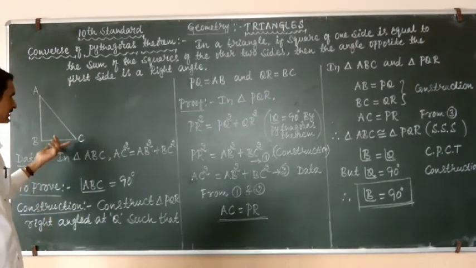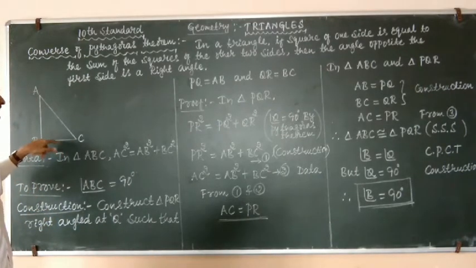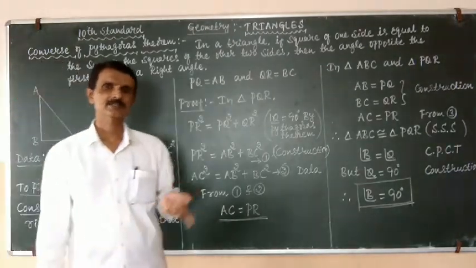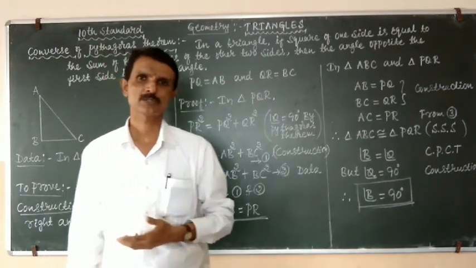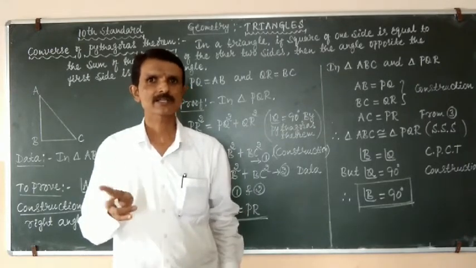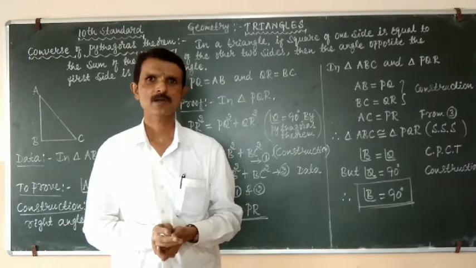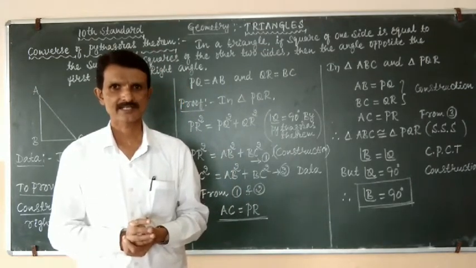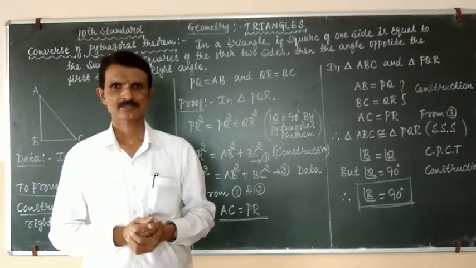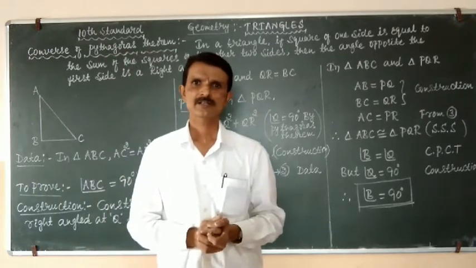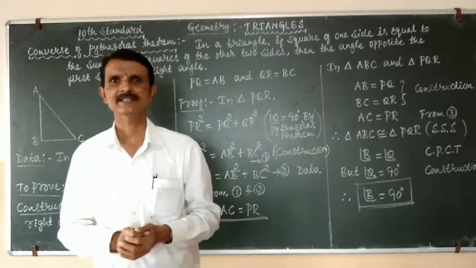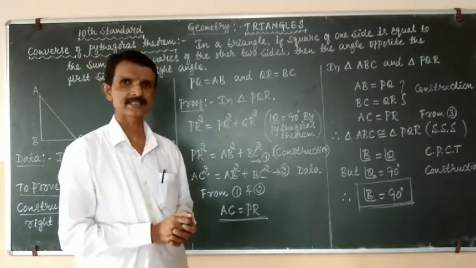In that triangle, if we square any one of these sides, and that square is equal to the sum of squares on the other two sides, then the angle which is opposite to the first side is always 90 degree. That means it is a right angle.